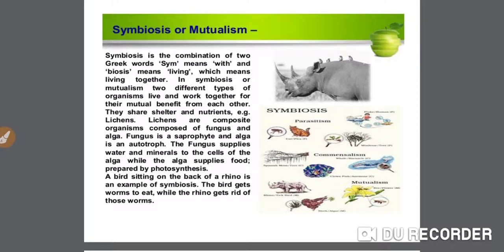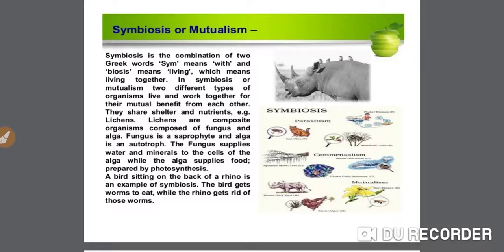The fungus supplies water and minerals to the cells of the algae, while the algae supplies food prepared by the photosynthesis process. So this is mutualism. Here the fungus is providing the nutrients, and the algae, which has chlorophyll, is providing food to the fungus with the help of the photosynthesis process.